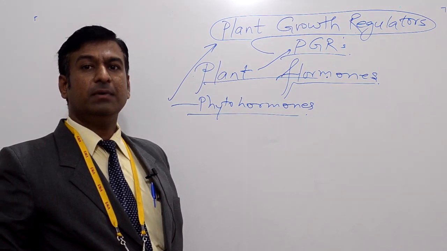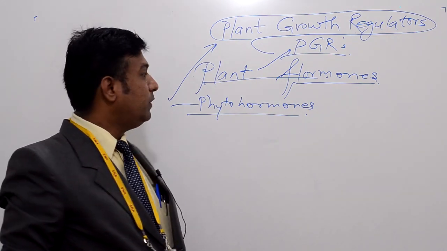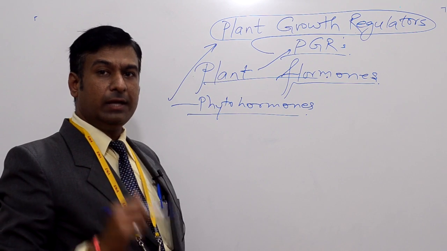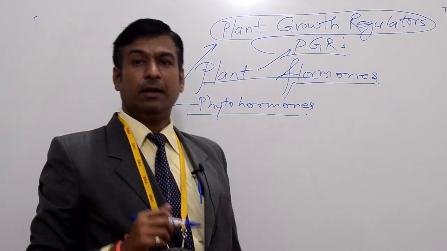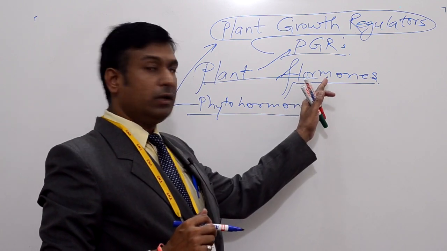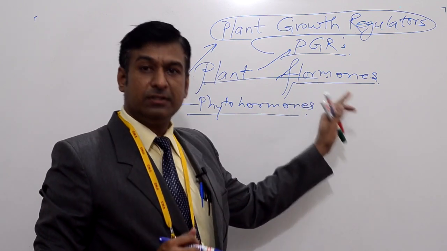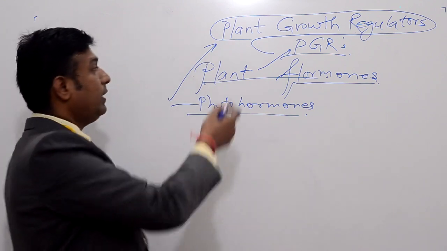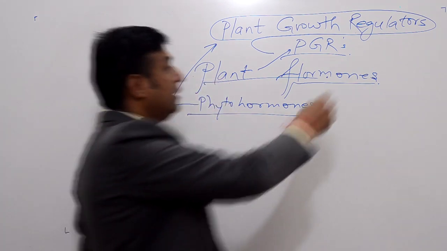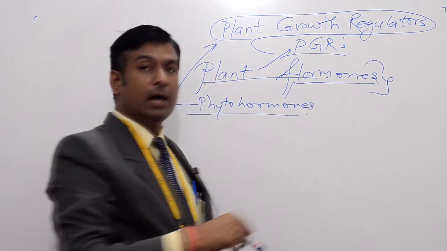Now, what do we say for hormones? These are chemical compounds which show potent biological action. As they come in contact with the biological system in a very small amount, they show the potent action. That's why they are hormones, and they are required for the growth of plants.